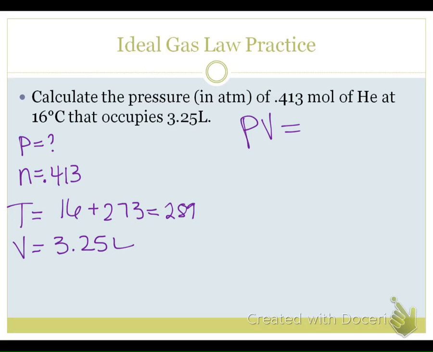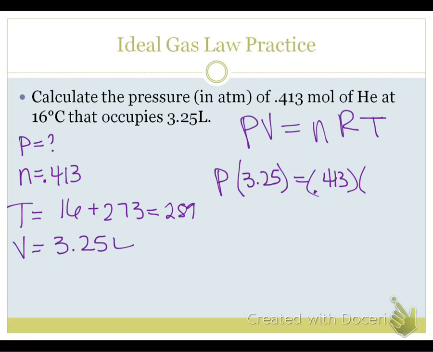So PV equals nRT. We're going to solve here for pressure, so we'll just leave a P there. 3.25 liters is our volume. N equals 0.413. R is 0.0821. And temperature, if I can fit it in here, is 289.